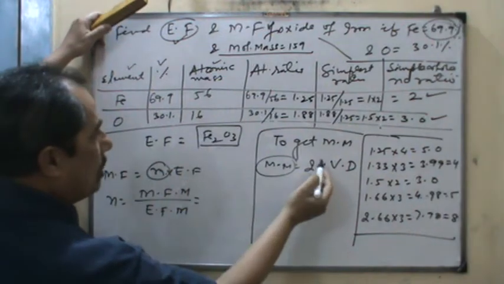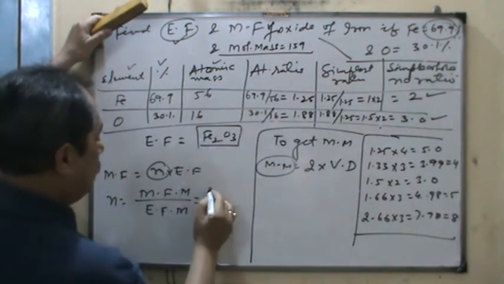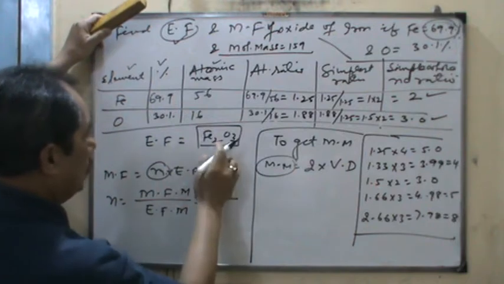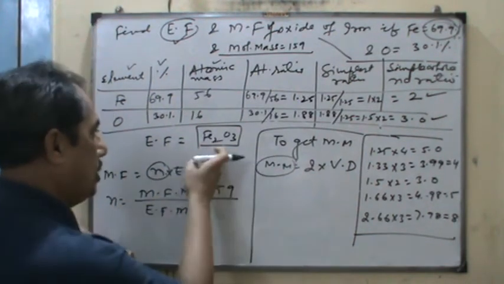What is the molecular formula mass? It is 159, and empirical formula mass is the same because Fe2O3 is here.